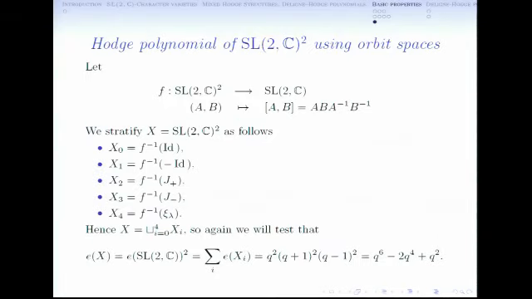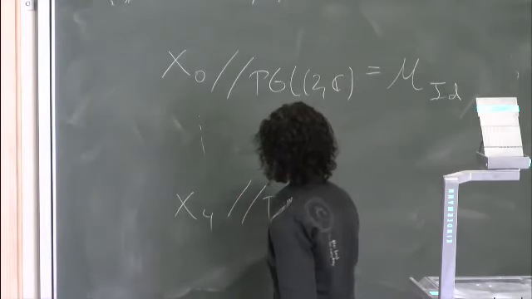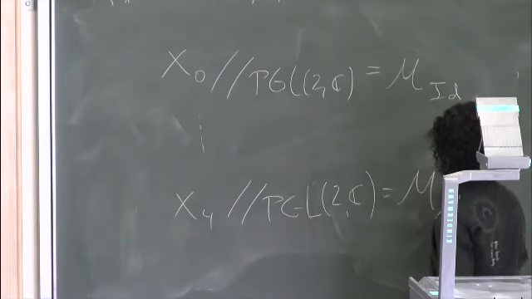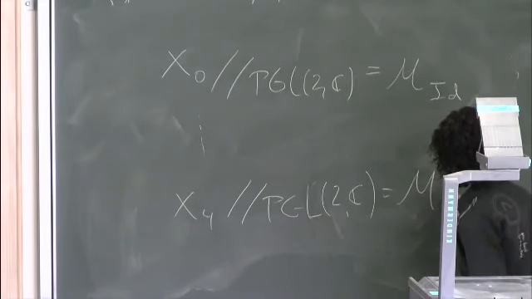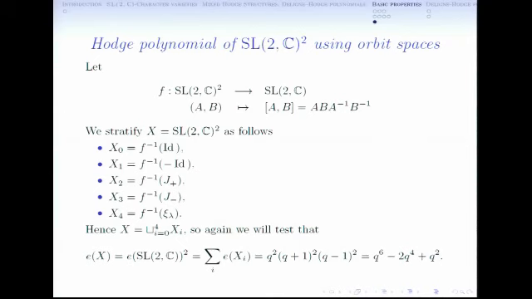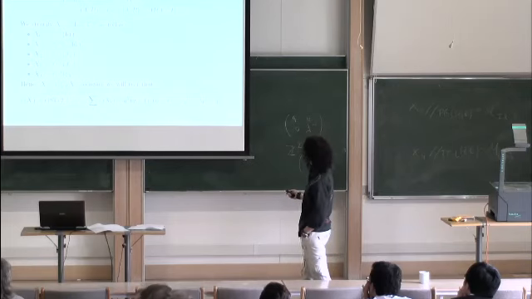But then, just recall that X0 by PGL2C will give you this variety, etc. So what we can do is first compute the Hodge-Deligne polynomials for these pieces, and then check how the quotient is, and then compute the one for the quotient.